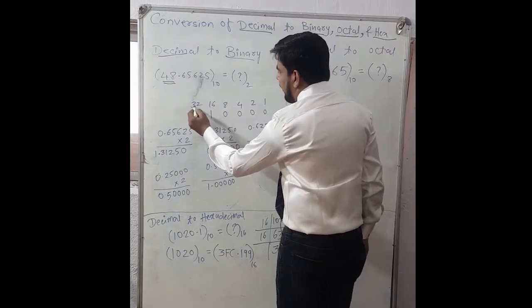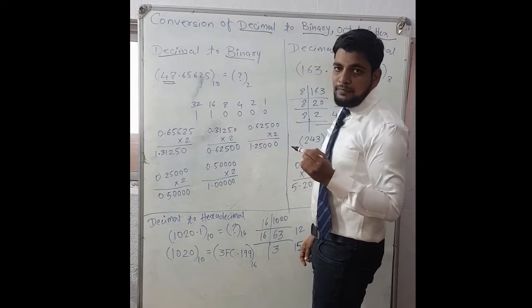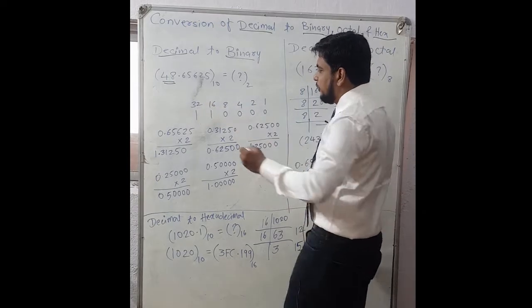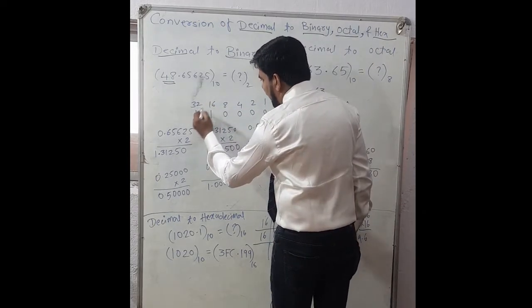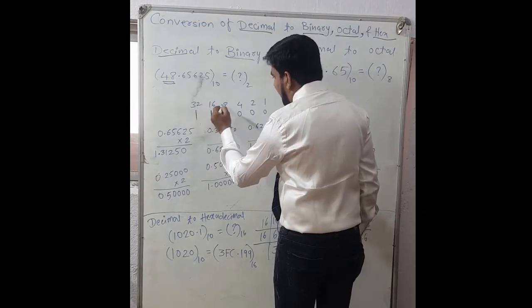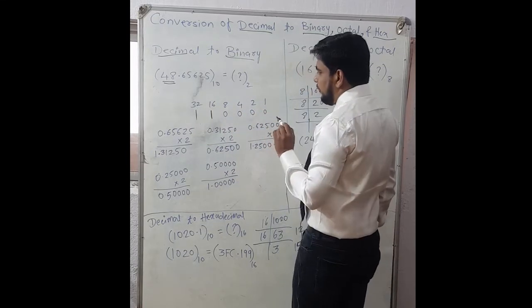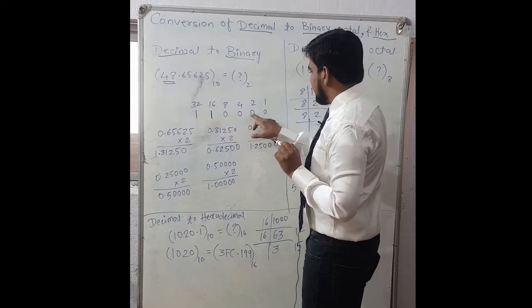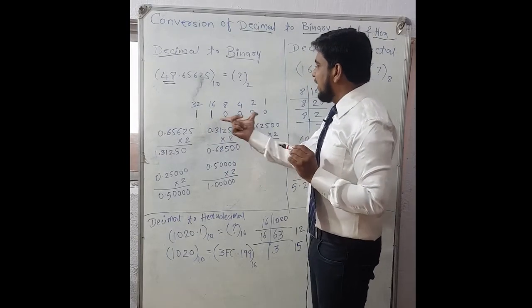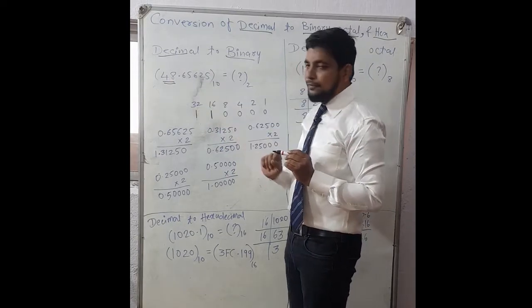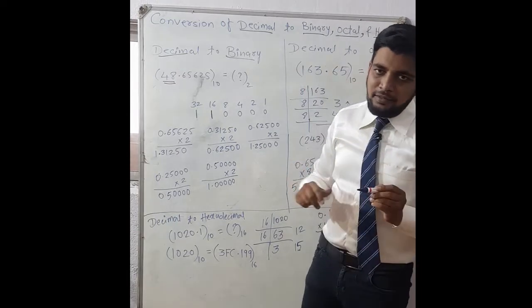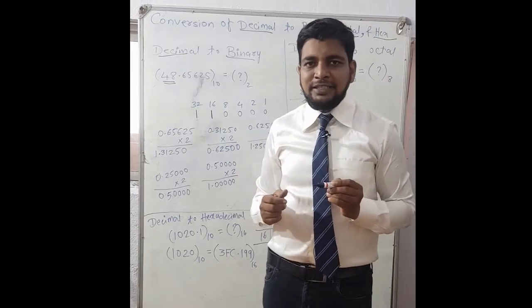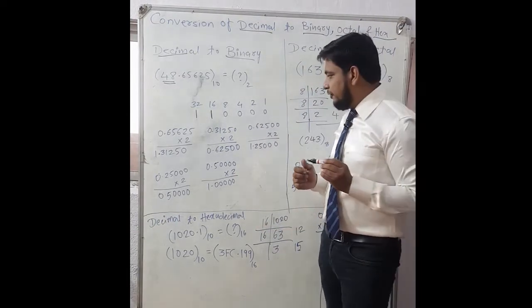We know that 32 plus 16 is 48. So 32 is represented as 1, 16 is represented as 1, and all the remaining are 0. So 110000 is the binary equivalent of 48. This is the second method of converting a decimal number into its binary form.